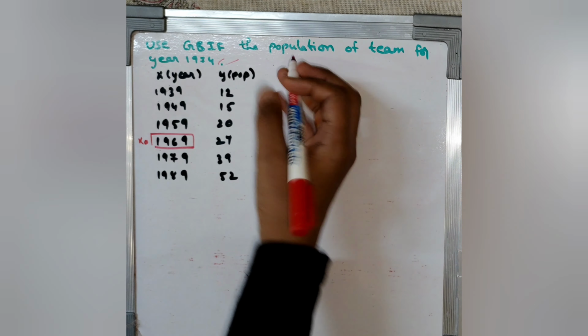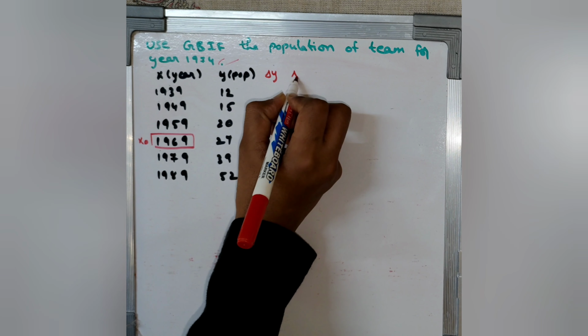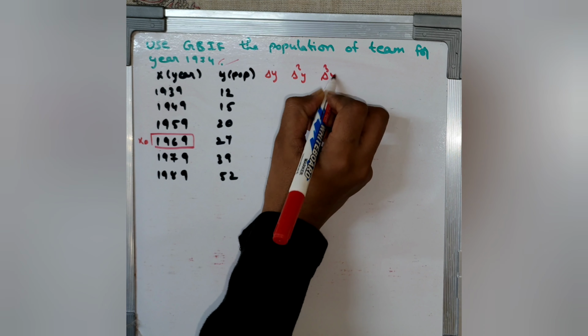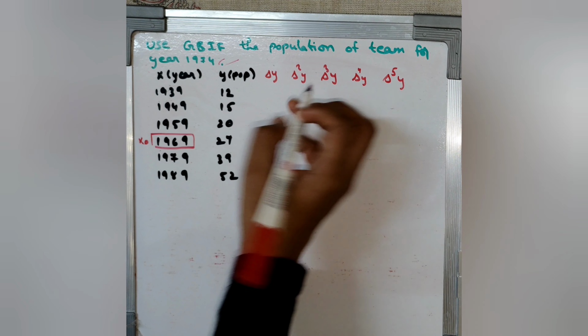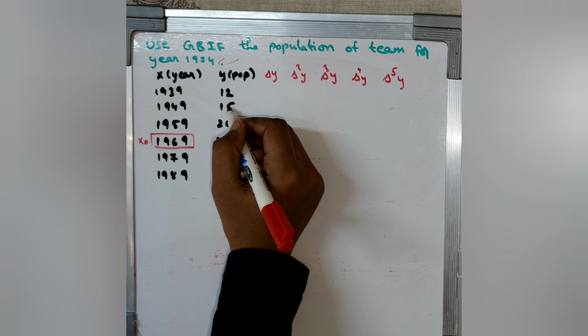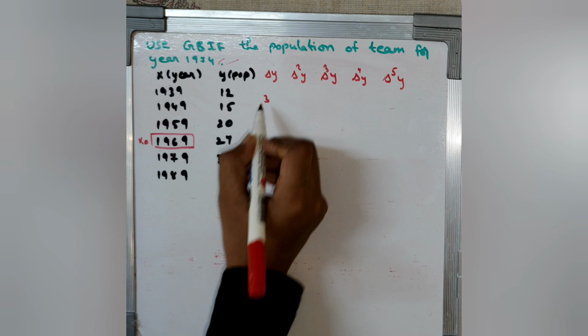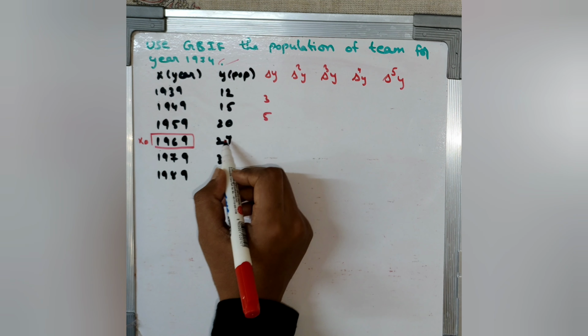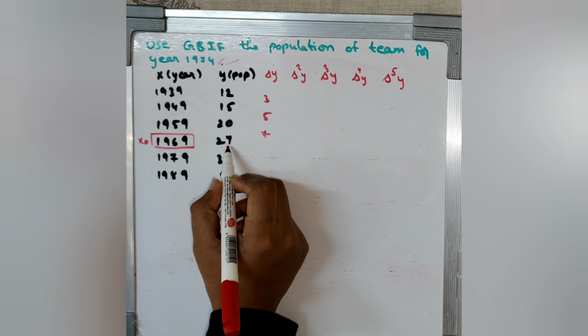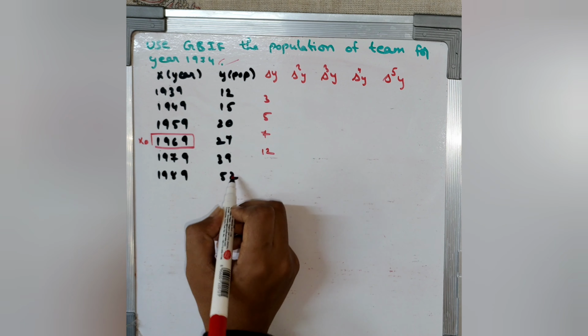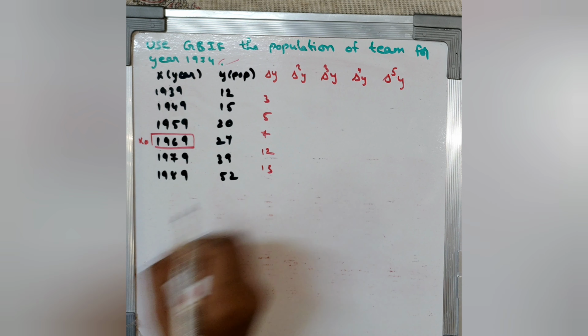Now complete the central difference table: delta y, delta square y, delta cube y. Now subtract: 15 minus 12 is 3, 20 minus 15 is 5, 27 minus 20 is 7, 39 minus 27 is 12, 52 minus 39 is 13.